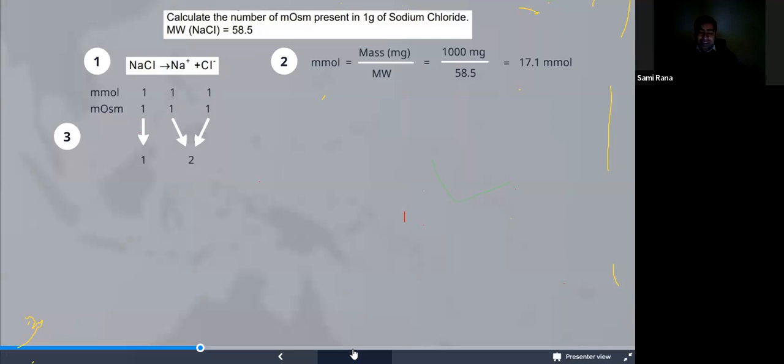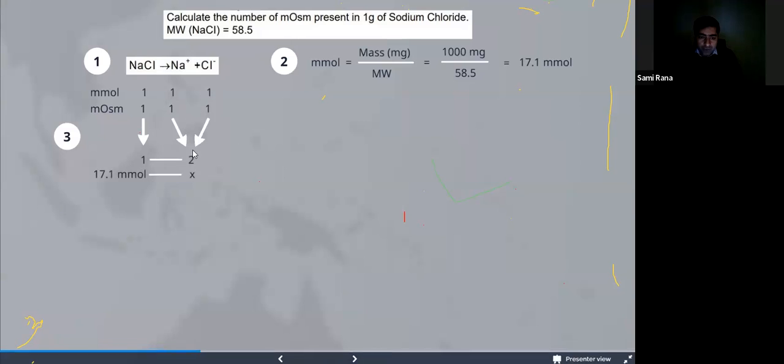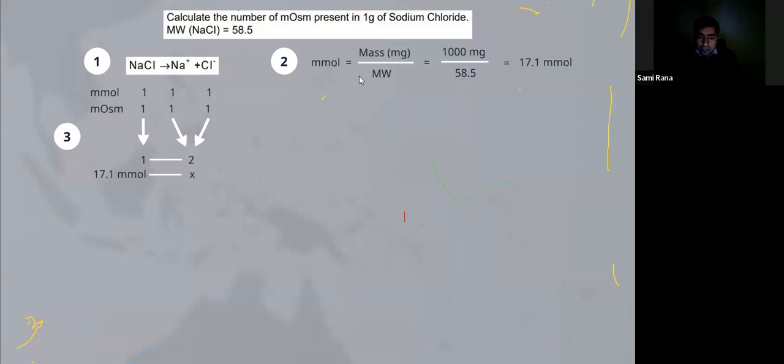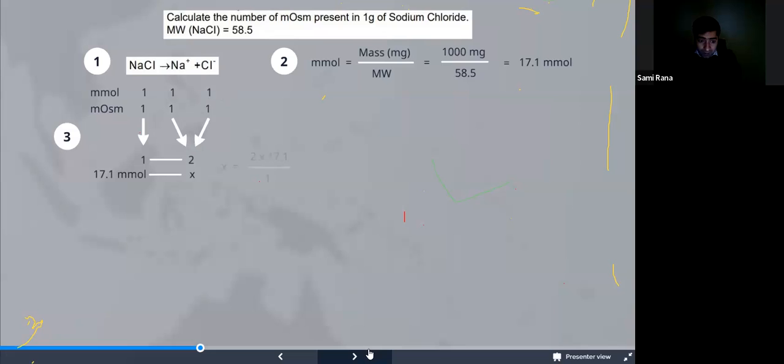We will repeat this again and you will understand. Okay, now we will go for the cross multiplication in the third step. 1 is going to give us 2, and now we have the millimoles of sodium chloride, the whole formula. So this time we ask: 17.1 millimoles are going to give us how many millimoles of the solution?